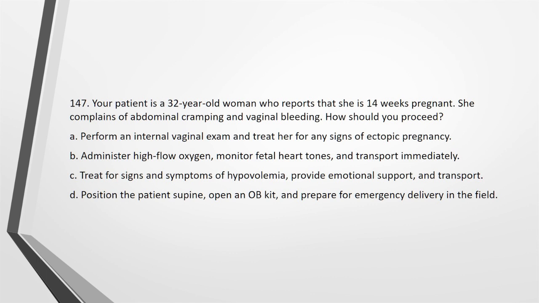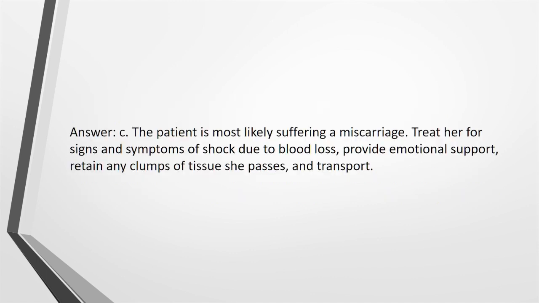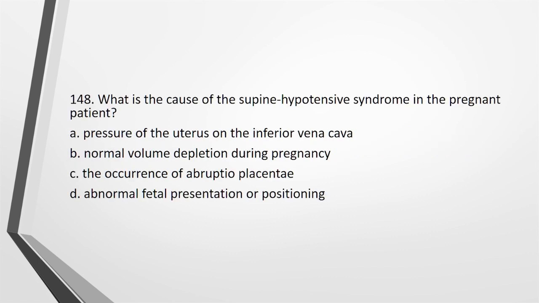D. Position the patient supine, open an OB kit, and prepare for emergency delivery in the field. Answer. C. The patient is most likely suffering a miscarriage. Treat her for signs and symptoms of shock due to blood loss, provide emotional support, retain any clumps of tissue she passes, and transport.